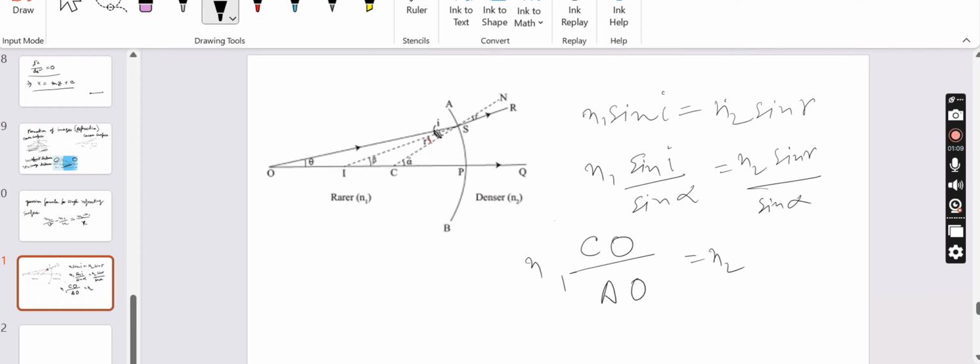Similarly for this, it will be CI and that will be AI. So AO can be written as PO and AI written as PI.